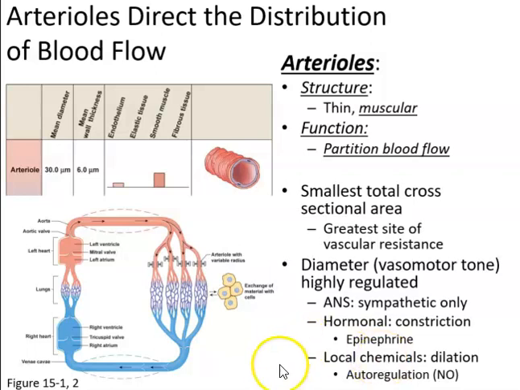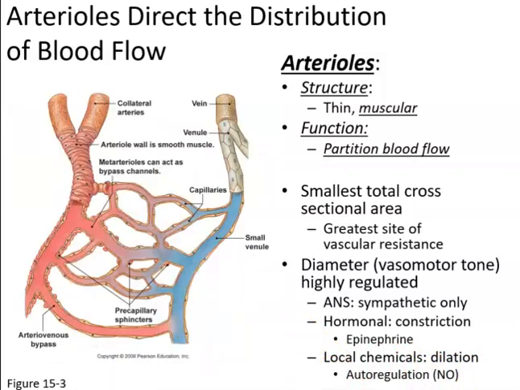For example, we have autoregulation locally by nitric oxide. So systemic regulation by hormones causes vasoconstriction, whereas local chemicals cause dilation. Again, an example of a local chemical that can cause dilation is nitric oxide, and this is especially during exercise.